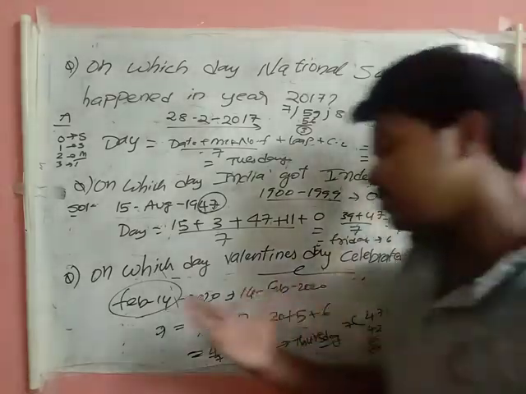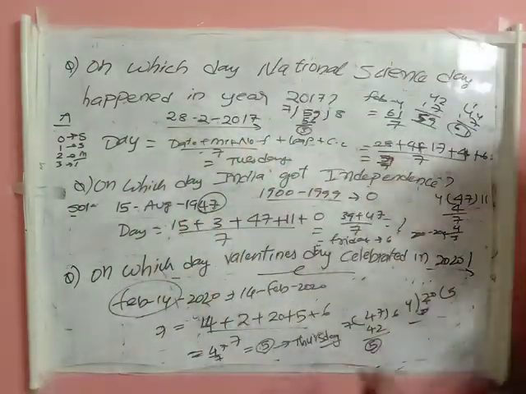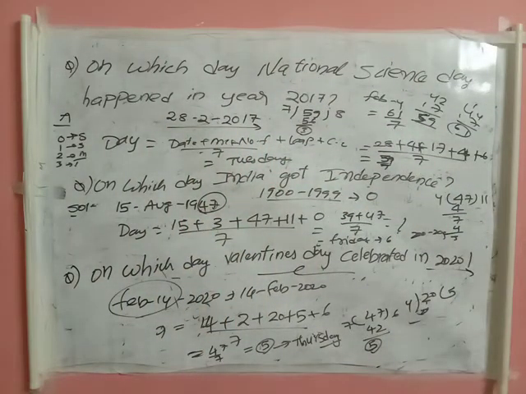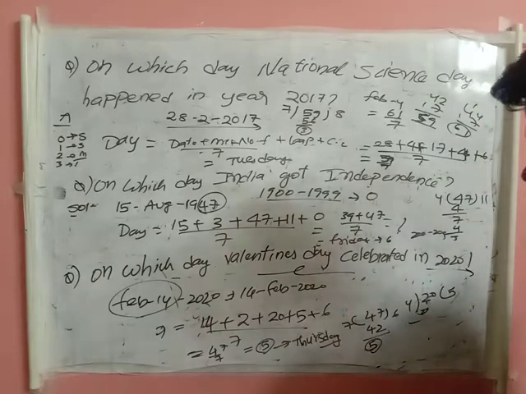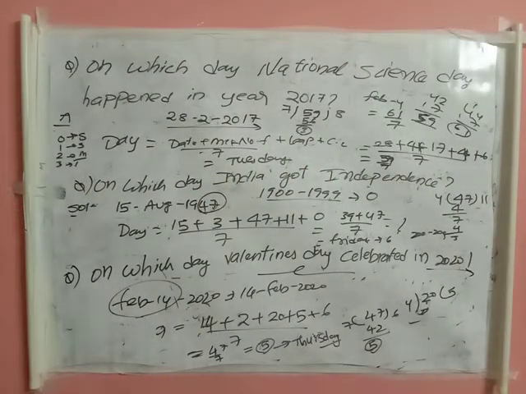If you have any doubts, you just go through the calendar and check whether we got Thursday or not. Are you okay with this? Hope all of you are clear with this, right? If you have any doubts, you just put it in the comment box.